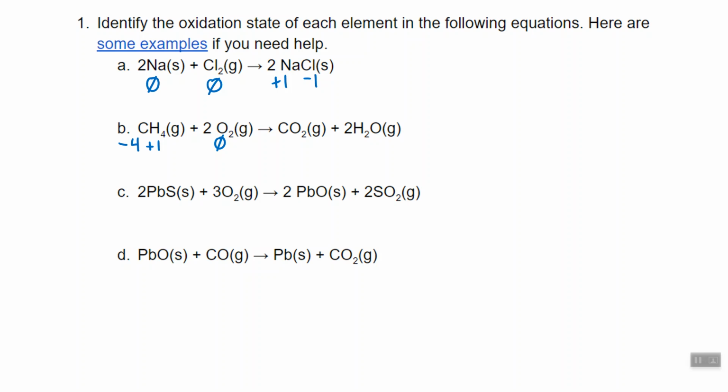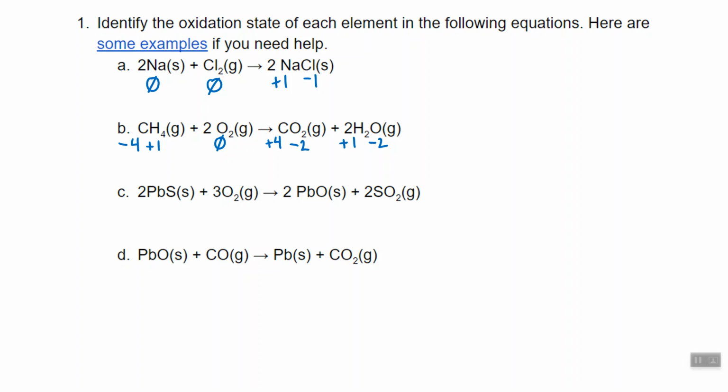When oxygen is in a compound, its oxidation state is -2. Since carbon dioxide is a neutral molecule, with 2 oxygens, the oxidation state of carbon has to be +4. In water, the oxygen's oxidation state is -2, and hydrogen is +1.